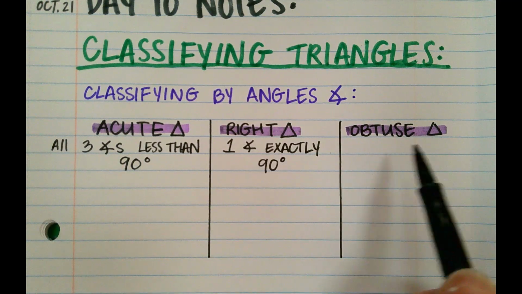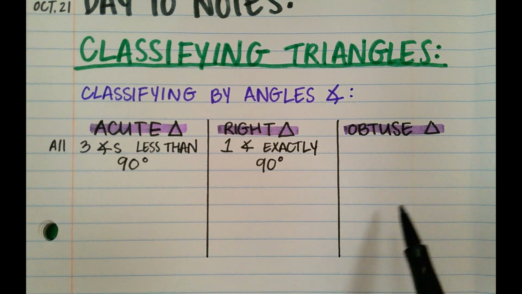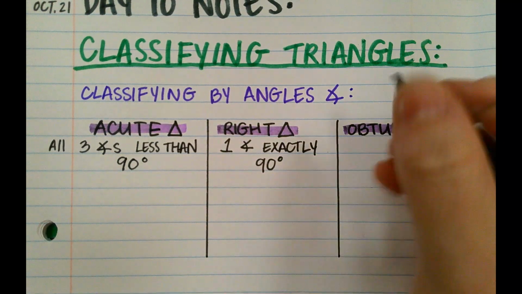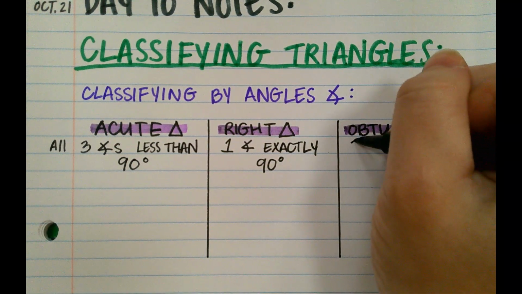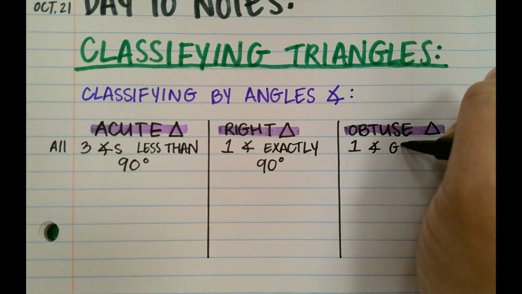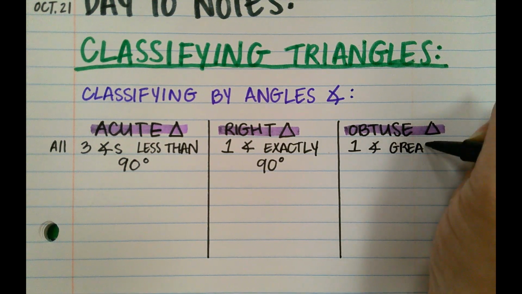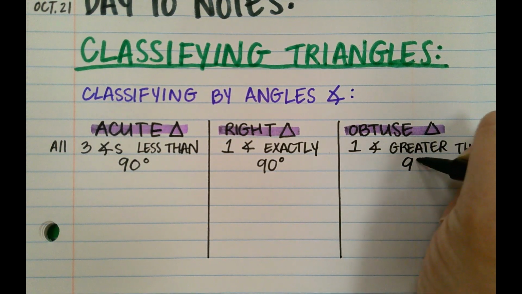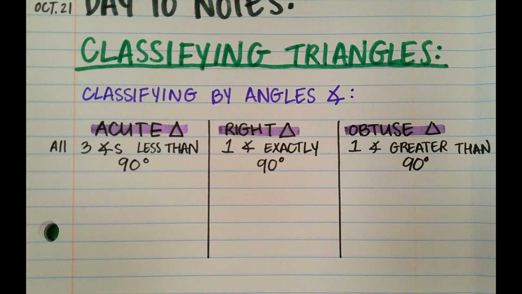And then finally, our obtuse triangle has one angle greater than 90 or bigger than 90 degrees.